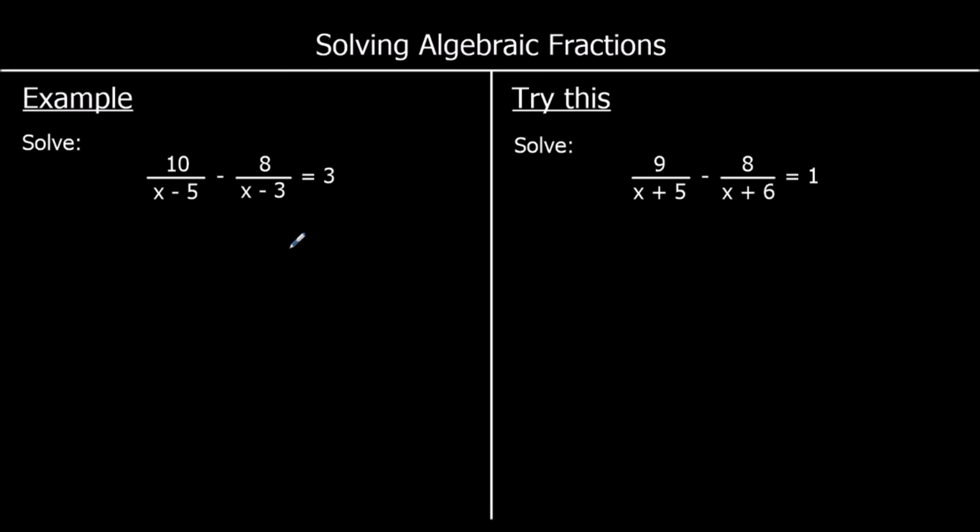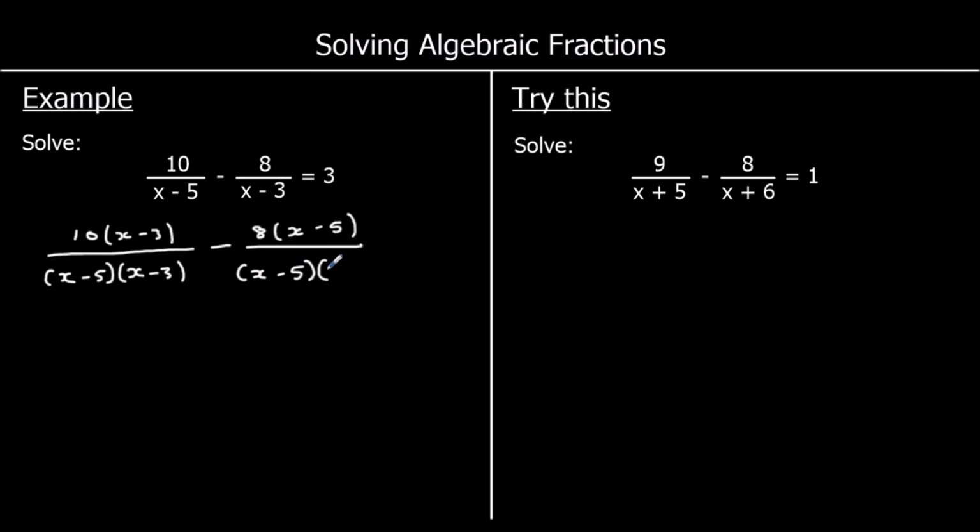So we'll make the denominators the same first. So we have 10 times x minus 3 over x minus 5 times x minus 3, and it's take away 8 times x minus 5 over x minus 5 times x minus 3, is equal to 3.